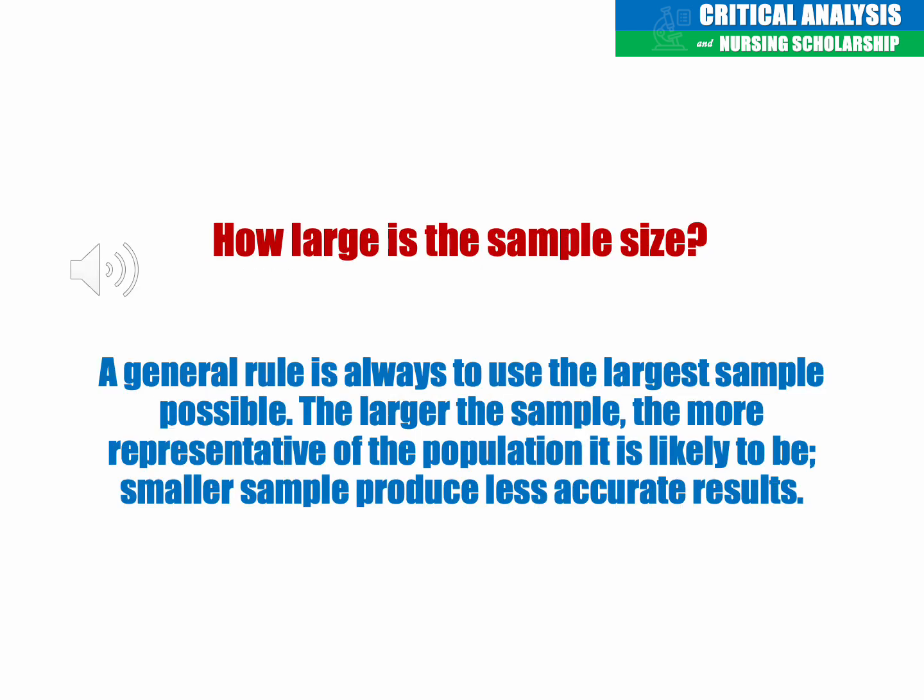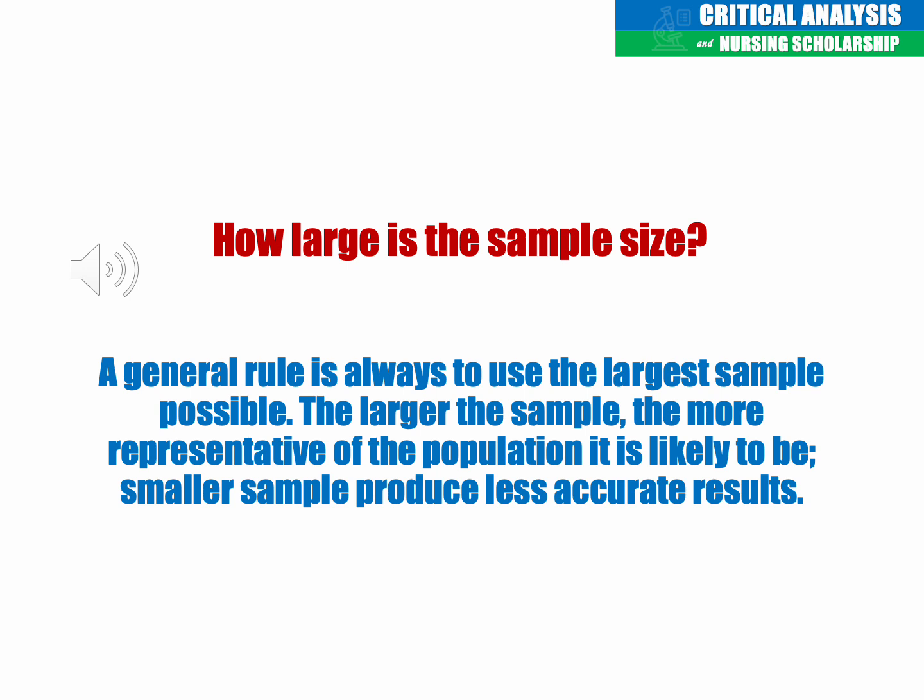Now, we'll be talking about sample size. And most probably, many of you will be asking, how large should the sample size be in order for my research to be more generalizable and for my research to be valid and reliable? Now, a general rule is always to use the largest sample size possible.